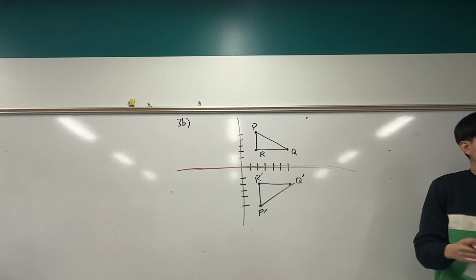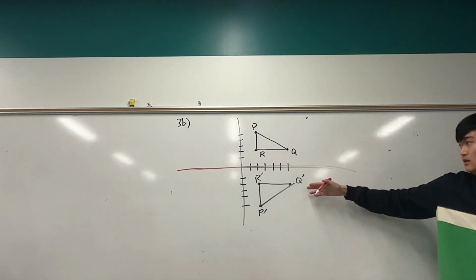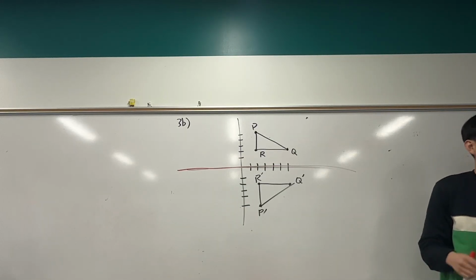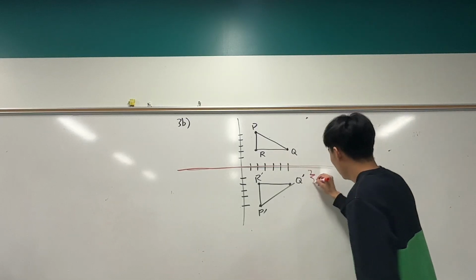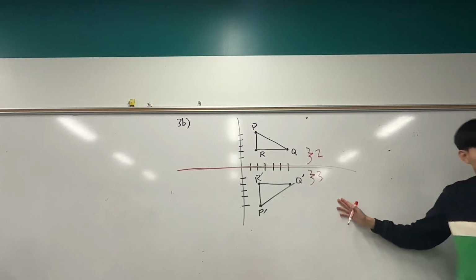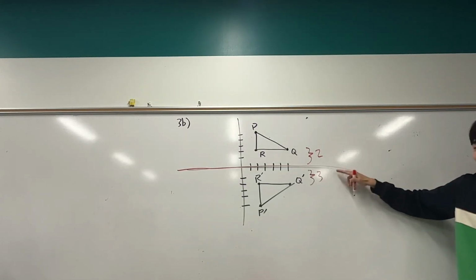No. She might trick you. Sometimes it looks like a reflection but it's off by 1 unit. Like this can be 3 and this can be 2. That is not a reflection. It has to be the same units across the line.